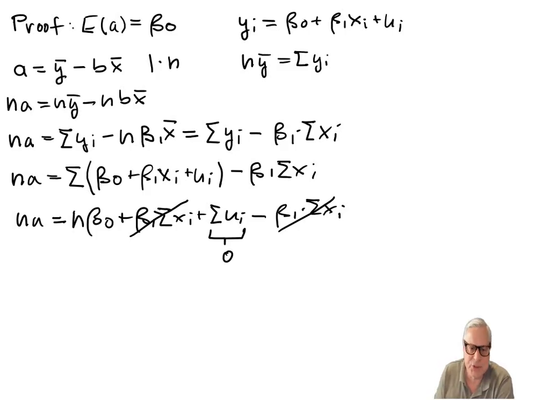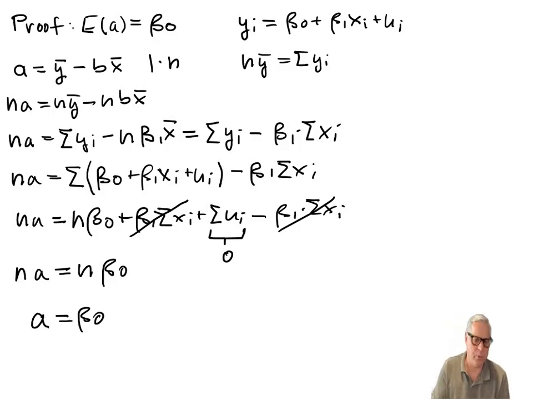So that means we are left with na equals n times beta 0, and then we divide both sides by n, and we see that we can expect A to be equal to beta 0, which is what we wanted to show. So both the intercept and the slope coefficient can be shown to be unbiased estimators.